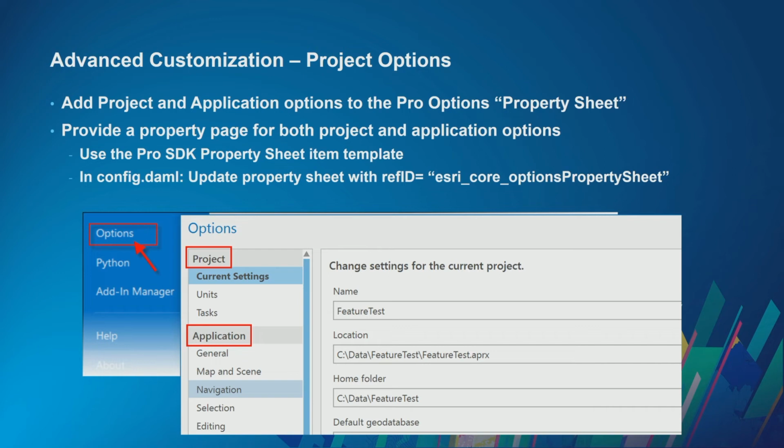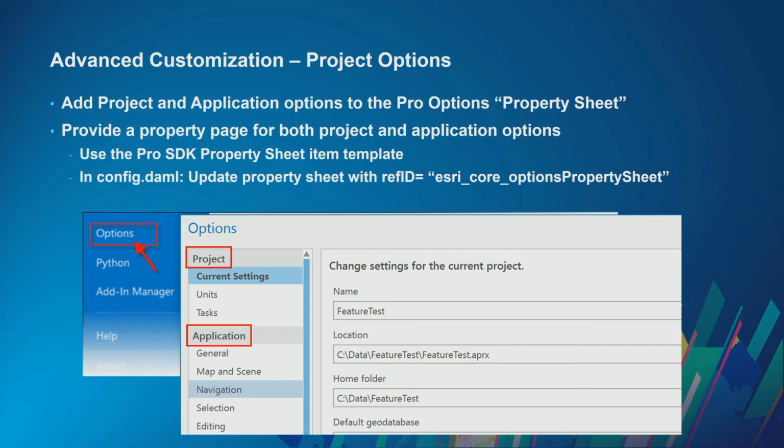Then in the Config.daml, you make a few changes. In essence, you update the property sheet with a ref ID Esri core options property sheet. So as you know from our earlier sessions, you can modify within the Config.daml any kind of existing ArcGIS Pro user interface element by just referring to its unique ID.